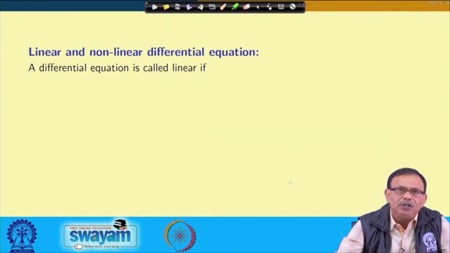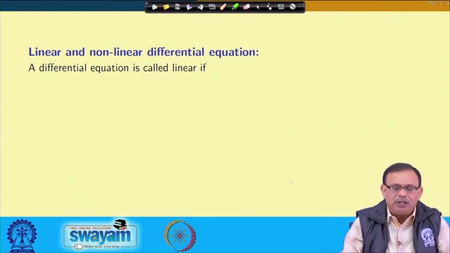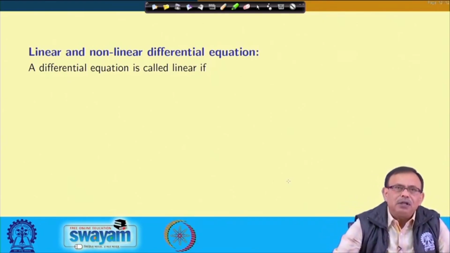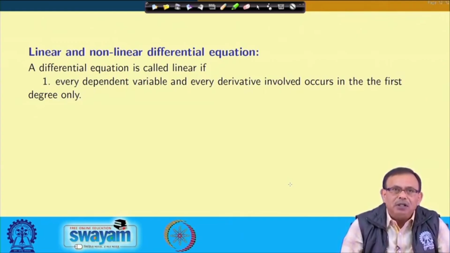When will we call a differential equation a linear differential equation, and when will we call it a nonlinear differential equation? A differential equation is called linear if, number 1, every dependent variable and every derivative involved occurs in the first degree only.